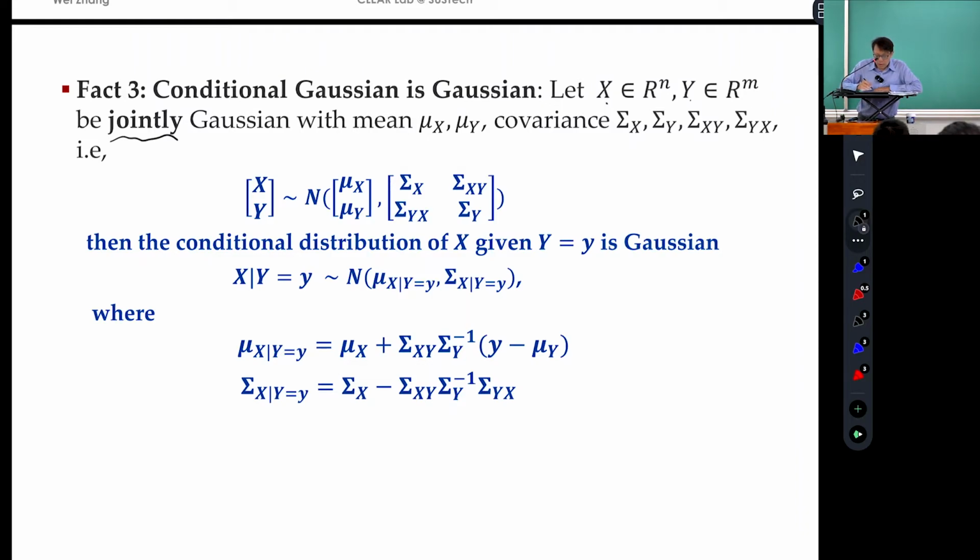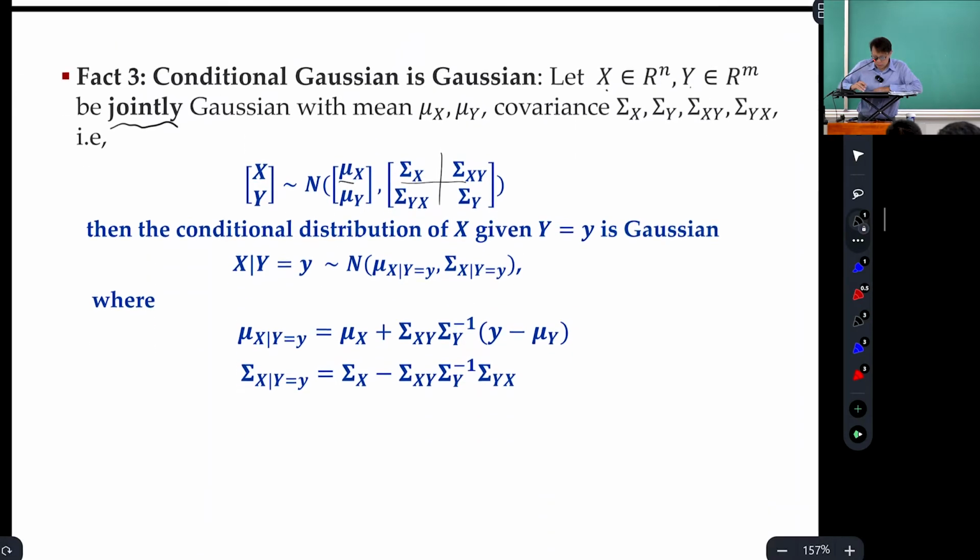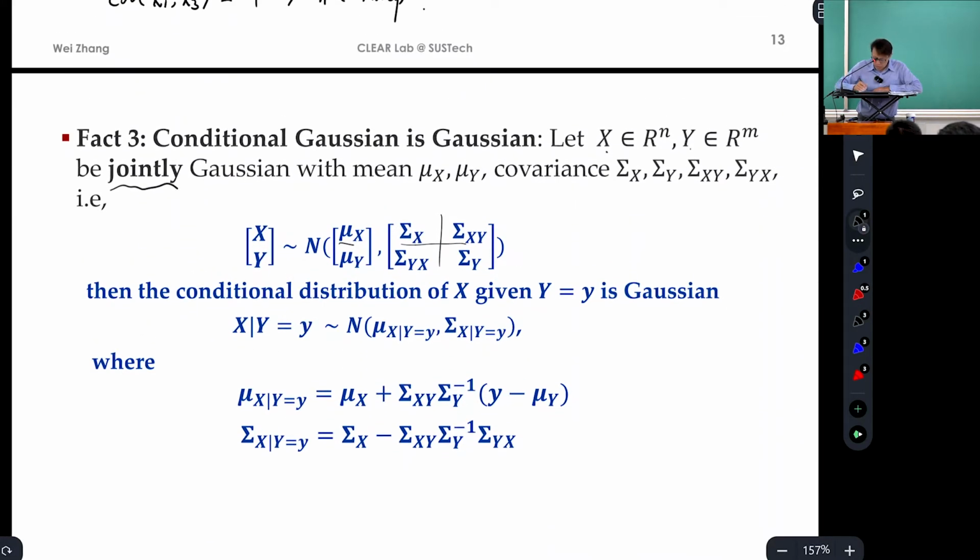And I can partition their covariance matrix in this form. I can give you examples. Suppose I have Z1, Z2, Z3, a random vector.